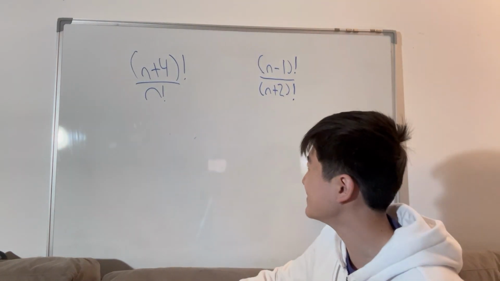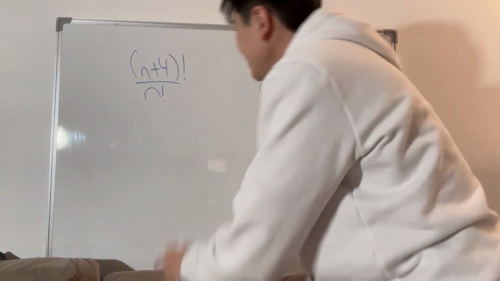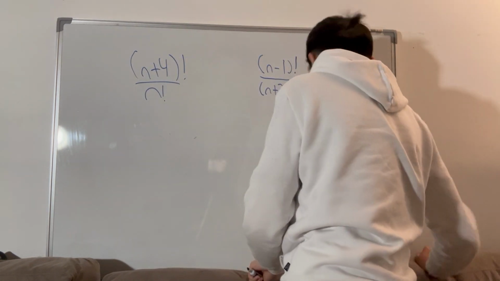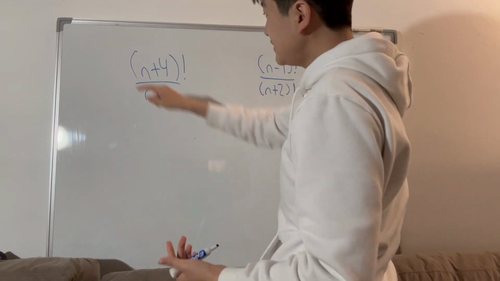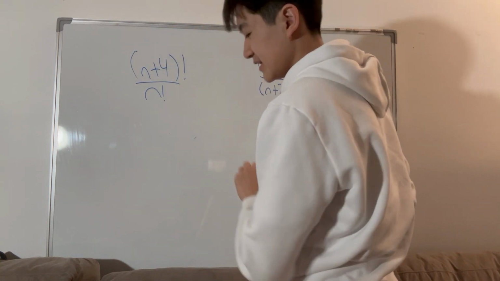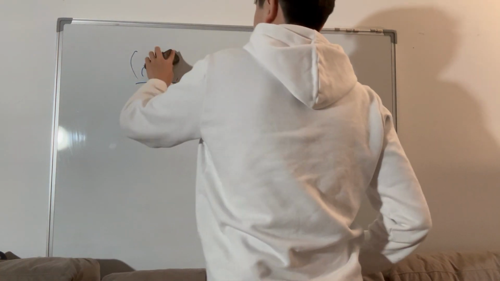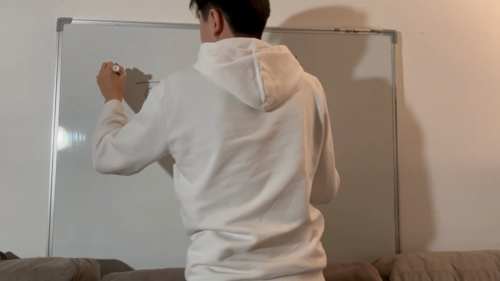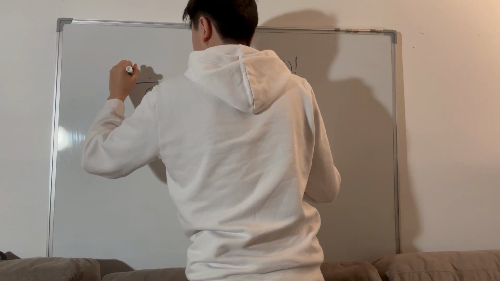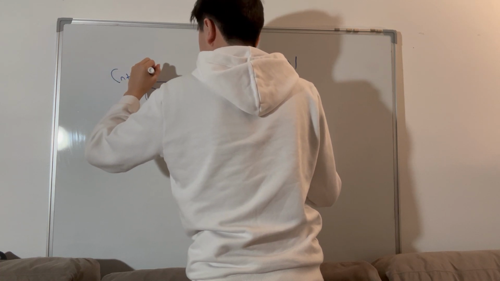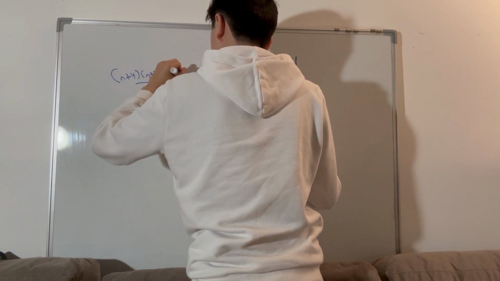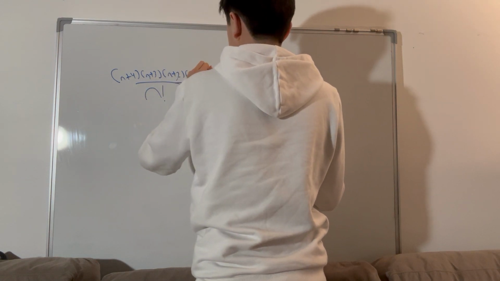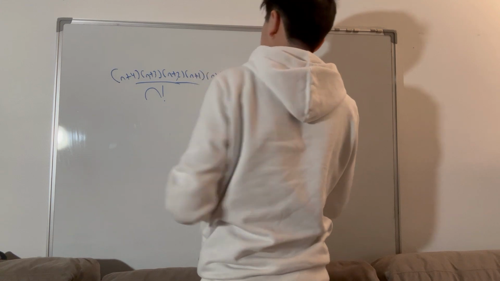What you can do is write out all the numbers that correspond to n plus 4. So n plus 4 factorial is the same thing as n plus 4 times n plus 3 times n plus 2 times n plus 1 times n factorial.